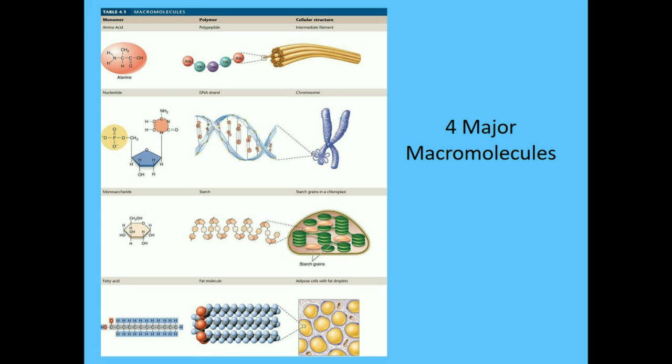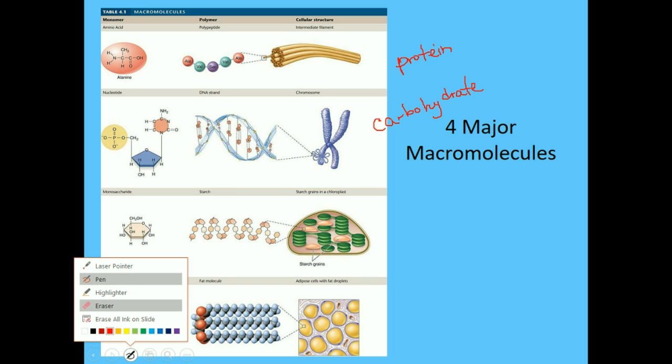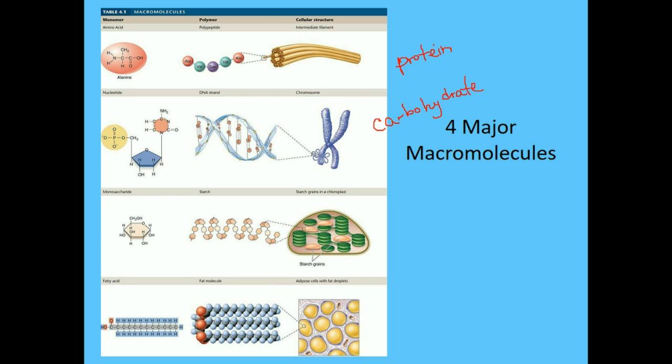Okay, so here are images of each one of these. The top one up here is your protein. The second one is your carbohydrate, or your sugars. The third one, actually no, I take that back. That second one is not your carbohydrates. That is your nucleic acid. So let's try this again. The first one is your protein.